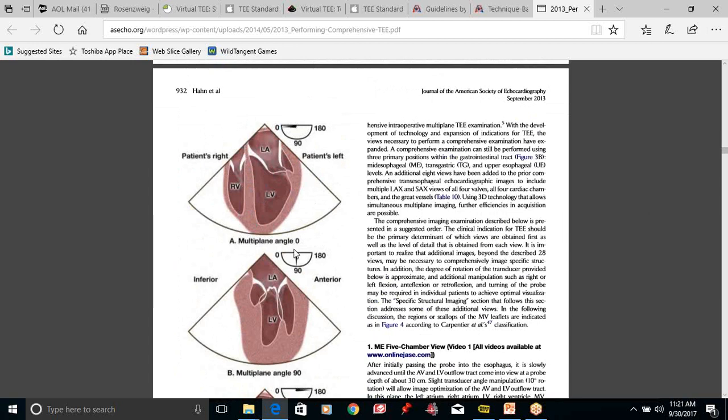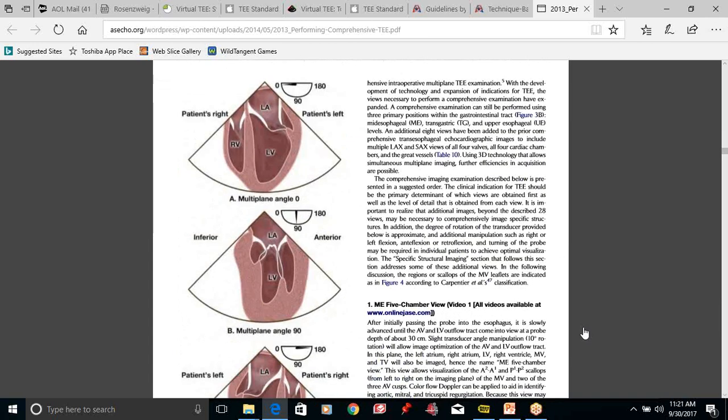Okay, if you move the angle of the camera to 90 degrees now, then you get this view. The first view is what we call a 5-chamber view.